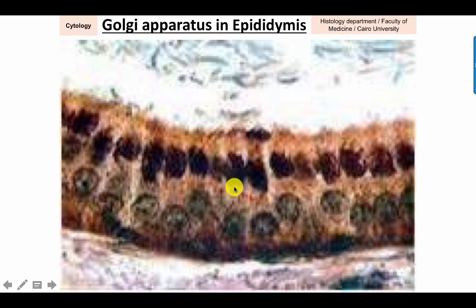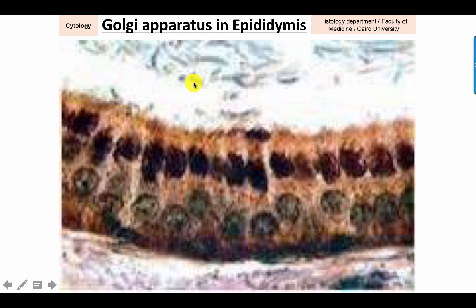So the epididymis is an organ in the male genital system, important for the storage of the sperms and making these sperms mature by addition of secretions. These secretions are released from the top of the cells, so the Golgi apparatus is present in between the nucleus and the top of the cells, as the secretory vesicles will arise from this surface and will pass through the apex of the cell to reach the lumen.